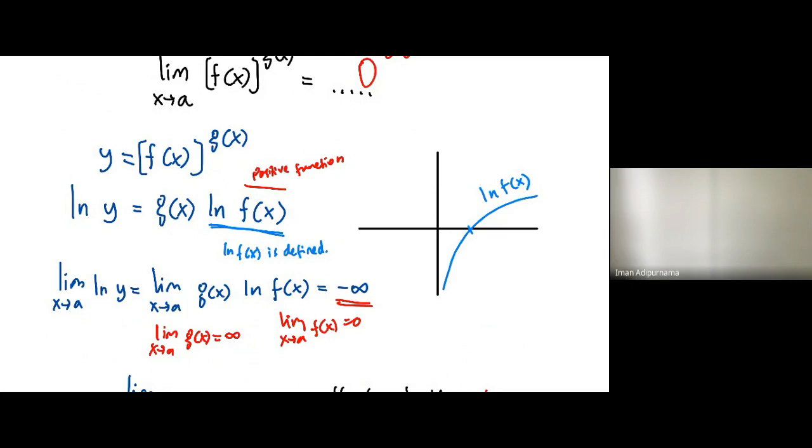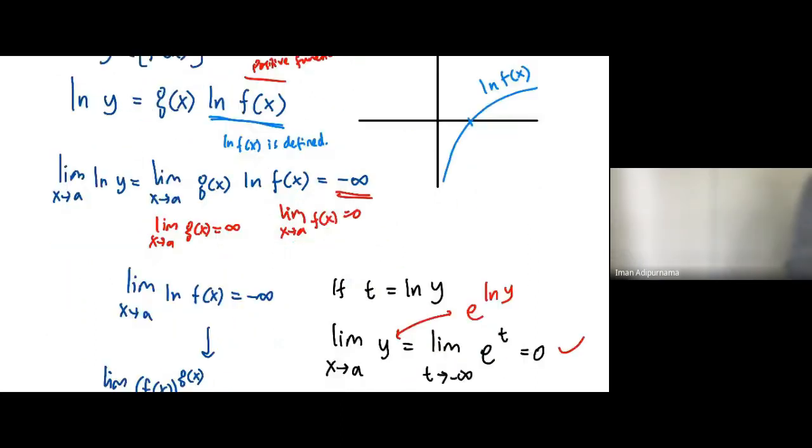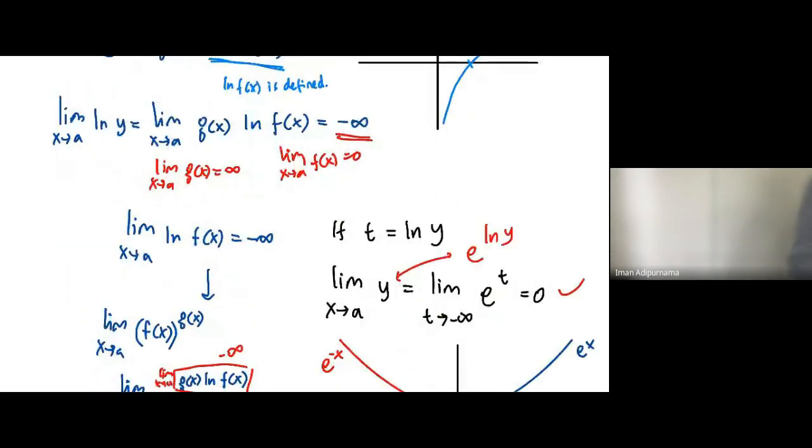And when f approaches 0, the ln of it goes down, so the result for the limit will be negative infinity. And then this is the conclusion.